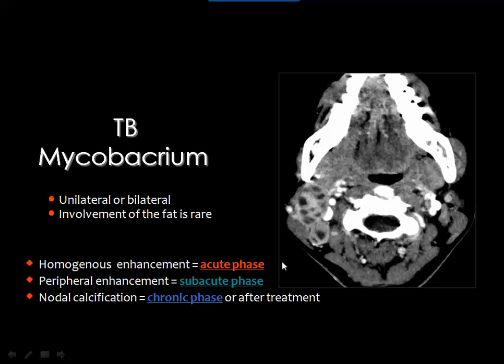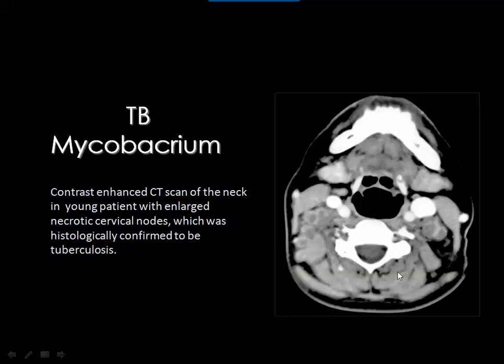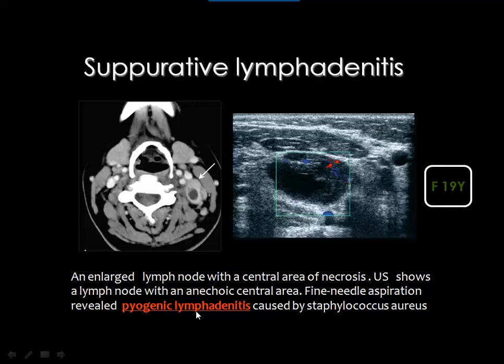In the acute phase of TB lymphadenopathy, you may get homogeneous enhancement of the affected nodes. In the subacute phase, you get central areas of breakdown, and after healing or in the chronic phase, you get nodal calcification. Then bilateral tuberculous lymphadenopathy is an almost pathognomonic appearance for tuberculous lymph nodes in the neck as well as anywhere, like the mediastinum and mesentery, for example.